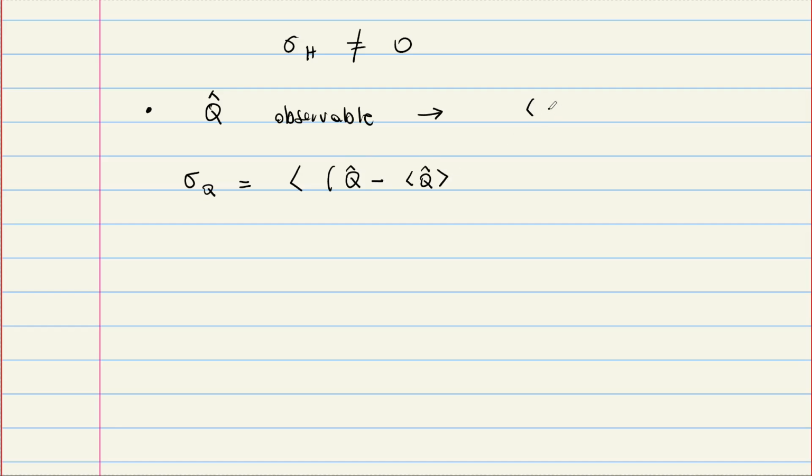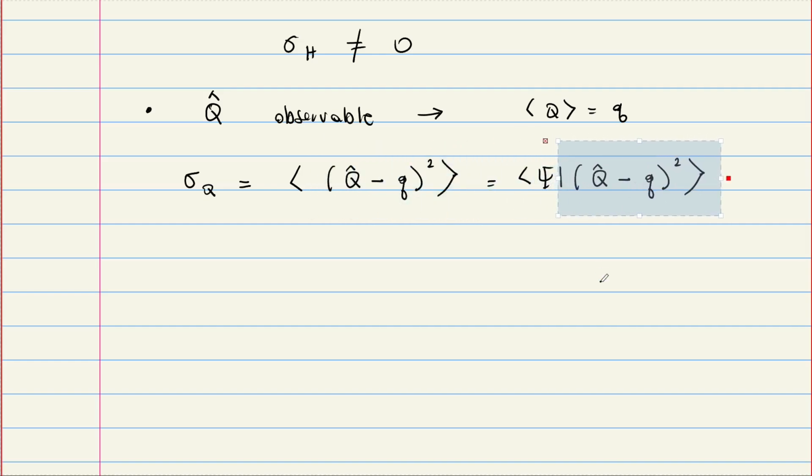Maybe I can make the notation a little bit lighter by defining this little q. Then the variance is defined as the expectation value of this square, right? But what is this? This means find some psi, put this guy, and so this is an operator, act with this operator on psi and take the inner product with bra psi.